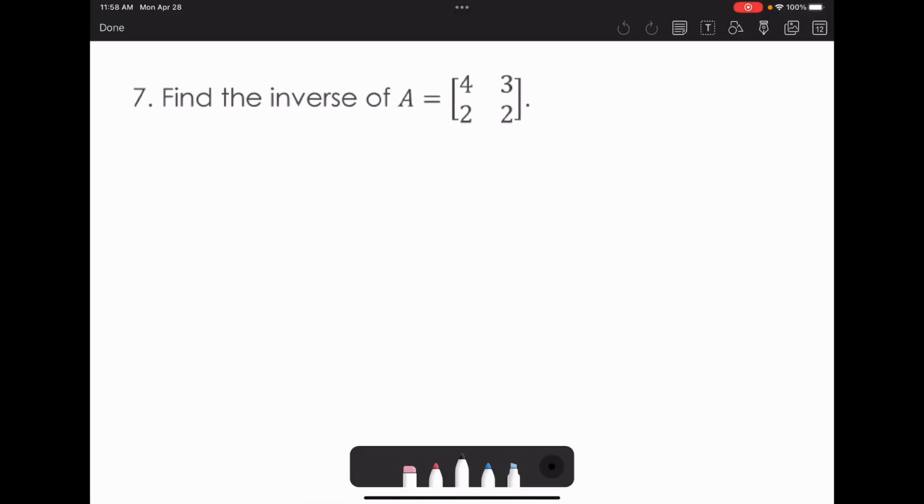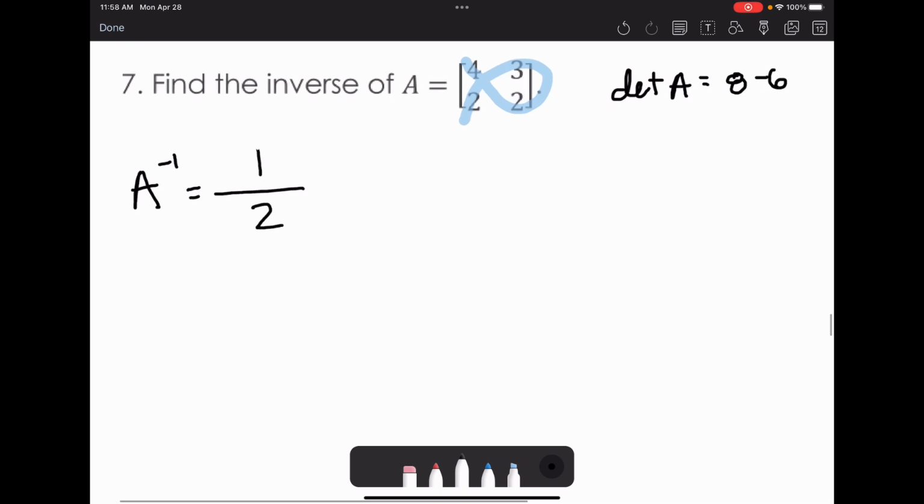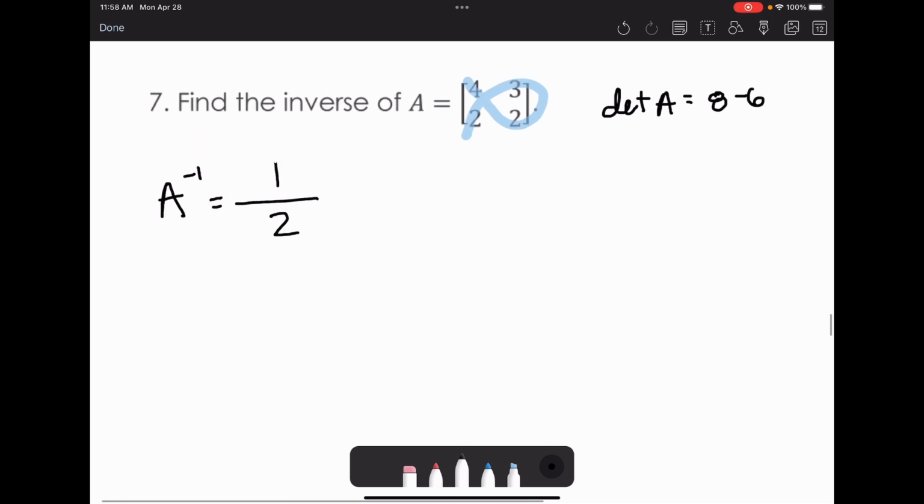Okay, so now we're finding the inverse of A. So that's 1 over the determinant of A, which is the fish thing. So that's 8 minus 6. So 1 over 2 for the determinant. The determinant is 2. And then we switch this 2 and 4 places, these ones.